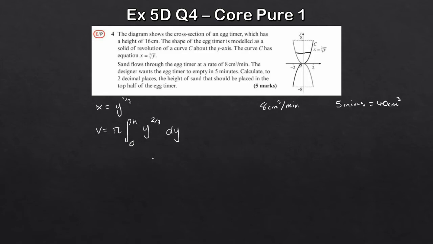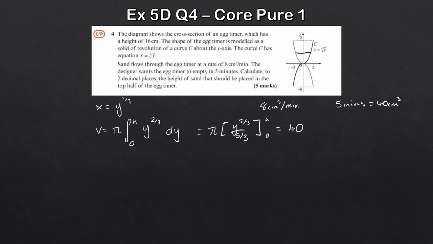Integrate this now, so add 1 to the power, so that might as well be adding 3 over 3. So what this is going to give me is pi times y to the 5 over 3 divided by 5 over 3. We can simplify that in a second. Let's just put our limits back in, h and 0. And again, we know this volume has to be 40.